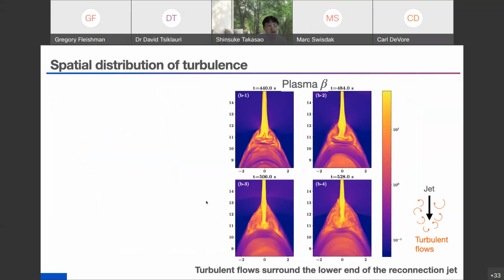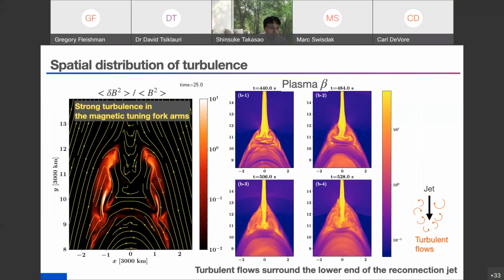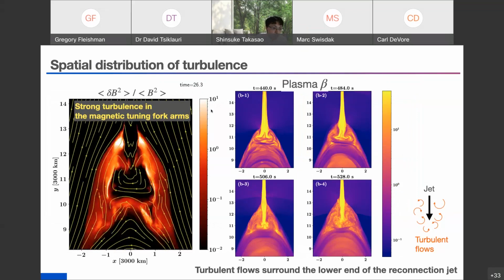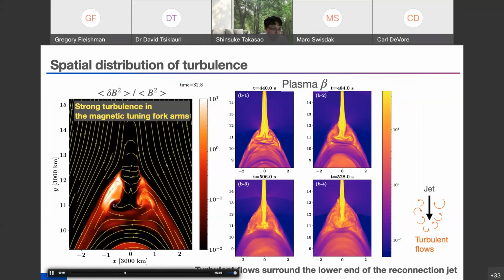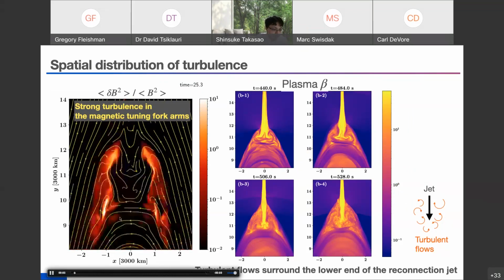Okay, so the spatial distribution of turbulence is like this. The jet is surrounded by the turbulent flows. And if we plot the turbulent energy density divided by the coherent magnetic field energy, the structure is something like this.